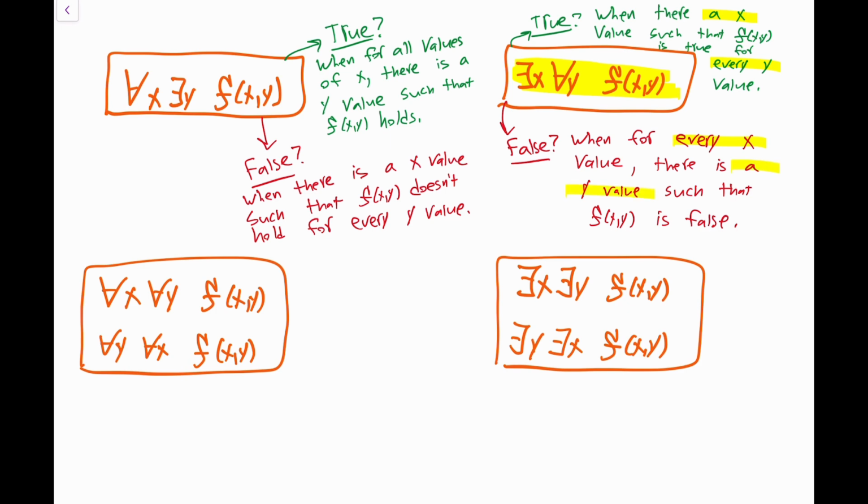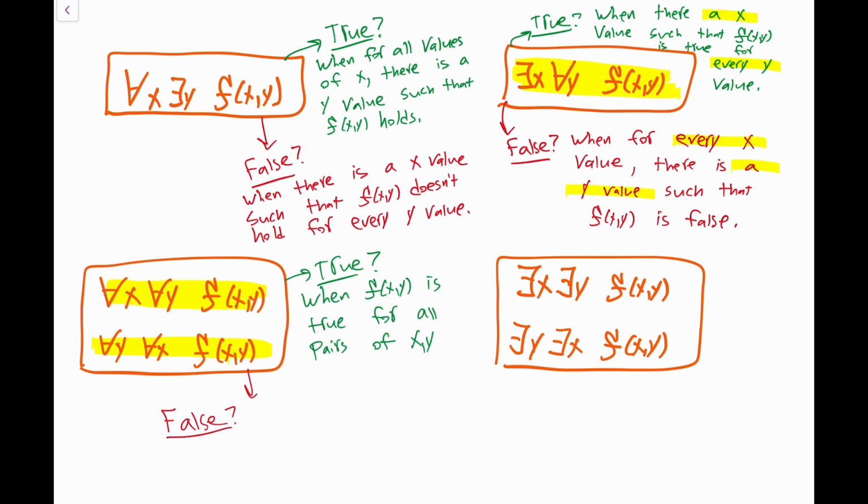Likewise, let's ask the question for this. For all x, for all y, f of x, y. For all y, for all x, f of x, y. When would these propositions be true? And when would they be false?